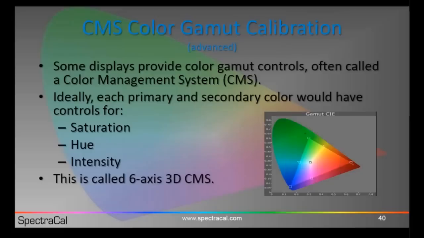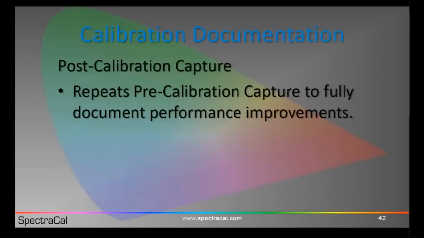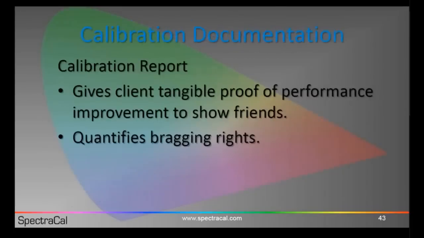If we have these controls available, we would typically have 3 controls for each of the primary and secondary colors in order to be able to accurately set the saturation and the hue, and also the intensity, or the brightness level, basically, of each of the colors. So the calibration report then that we'll be able to generate gives our client tangible proof of performance, to be able to show friends and families, able to quantify bragging rights.